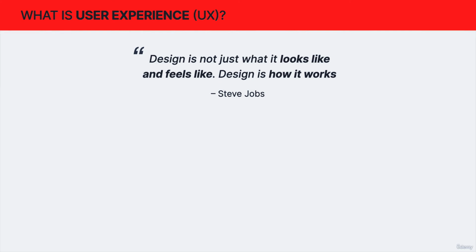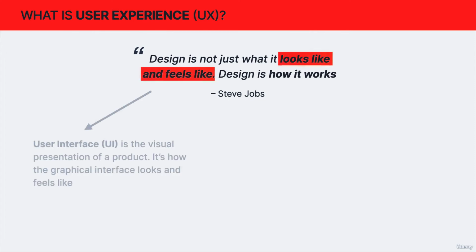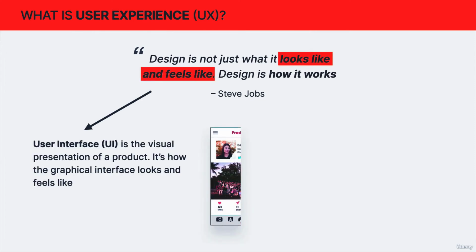And to start, let's try to understand what user experience actually means. And to do that, we can use a very popular quote by Steve Jobs, which is, "Design is not just what it looks and feels like, but design is how it works." So here, the what it looks and feels like is basically what the user interface is all about. So the user interface is basically the visual presentation of any digital product.